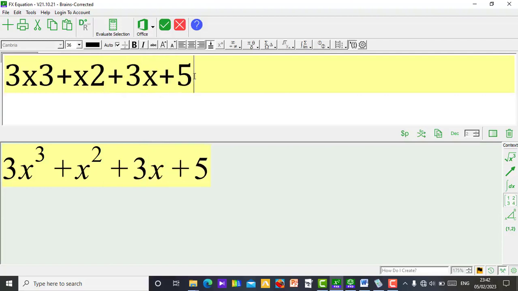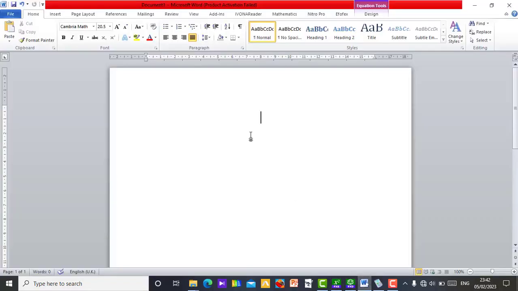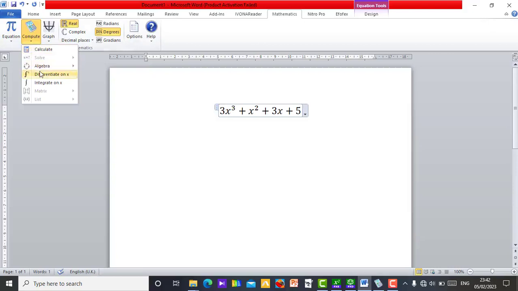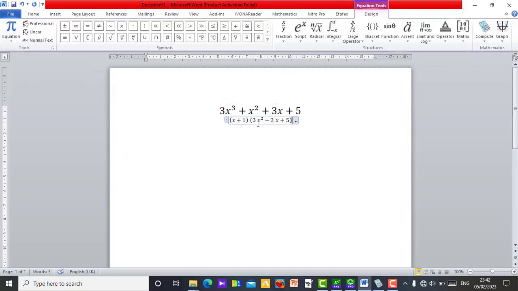With this polynomial, if I take it to my Microsoft Word, paste it there, I can actually factorize this. So factorize this under compute. See, you can factor it. So these are the two factors of this polynomial. You can also solve if you want, just like that.